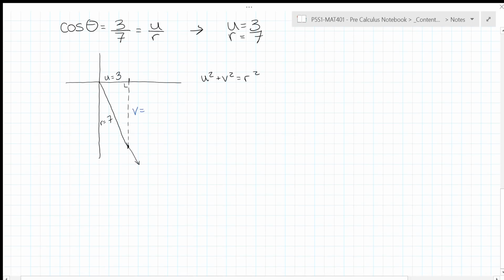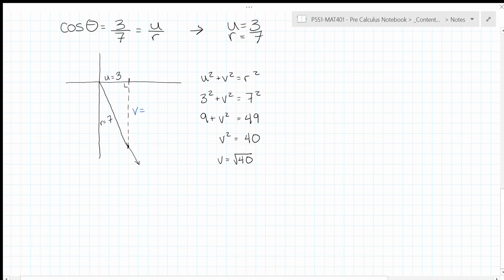I know u, I know r, so plug those in. I have 3 squared plus v squared equals 7 squared. So 9 plus v squared equals 49, which means v squared equals 40, which means v equals the square root of 40.